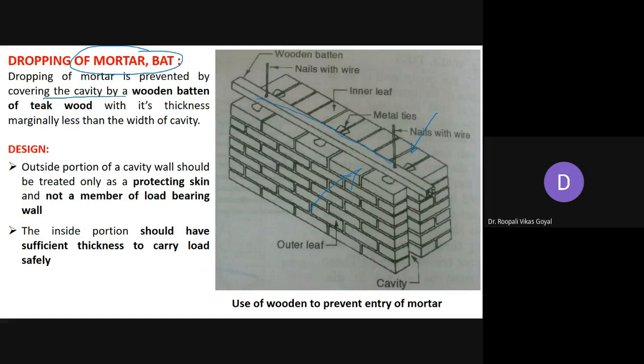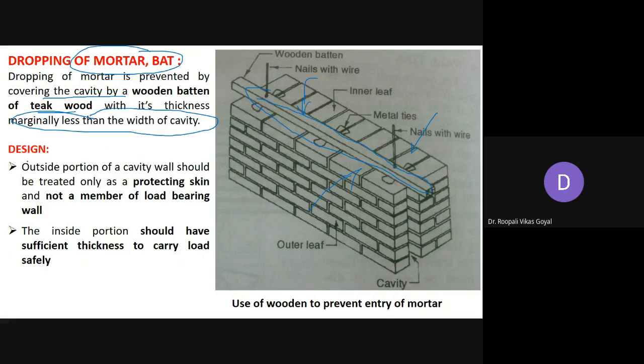So this kind of wooden batten can be provided above your cavity, consisting of teak wood with its thickness marginally less than the width of the cavity. Whatever the width of the cavity is, you can place a batten of slightly smaller size on the cavity, just to avoid the dropping of any brick bat or material or mortar inside your particular cavity.